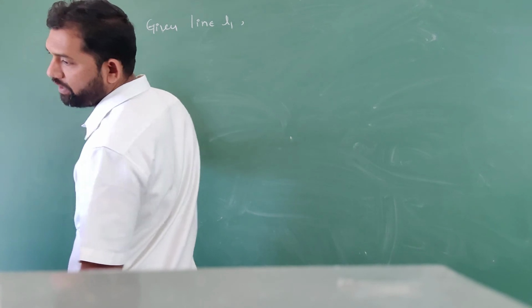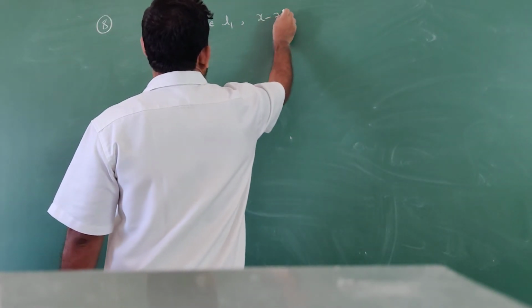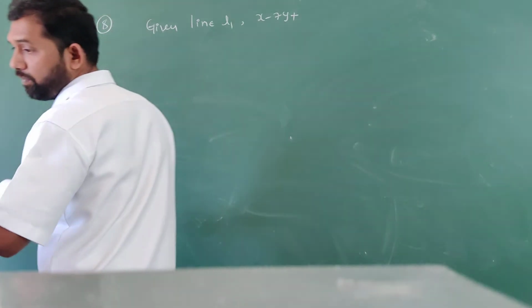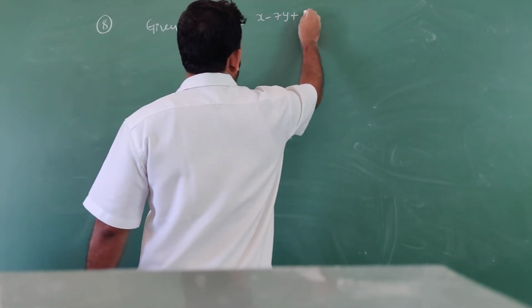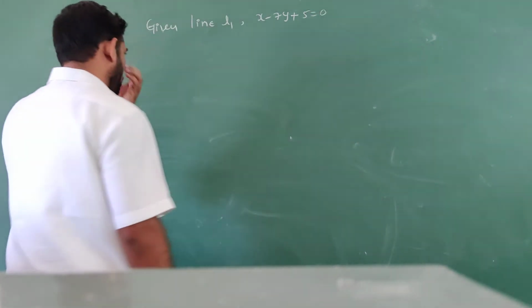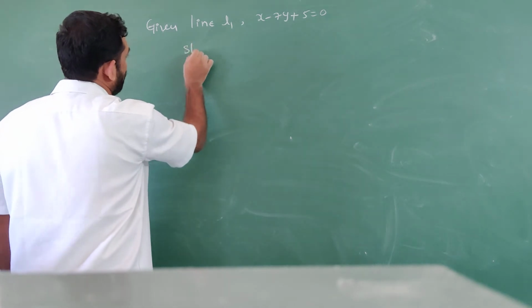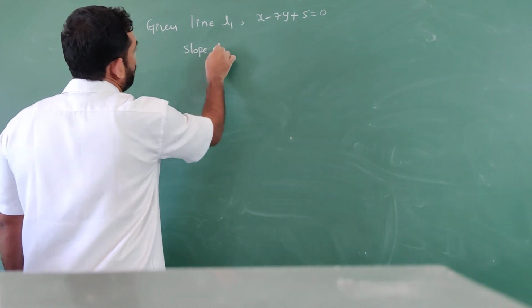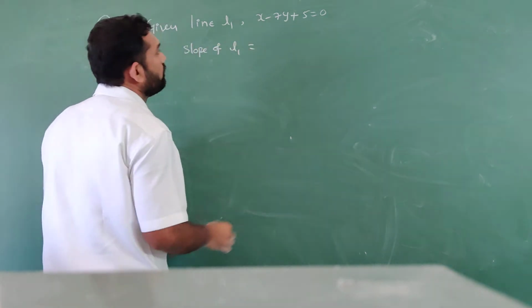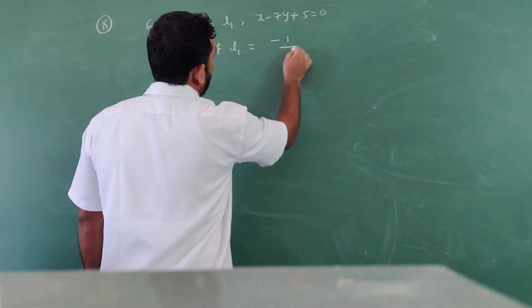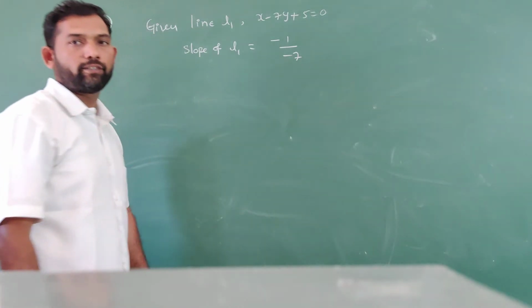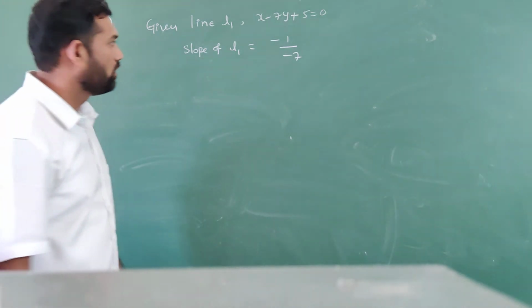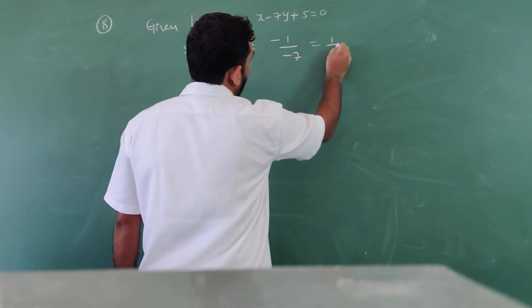Given line L1, what is that? X minus 7y plus 5 equal to 0. Right? Slope of L1 is equal to what? Minus 1 divided by minus 7. Minus x coefficient divided by y coefficient. Simplification gives 1 by 7.